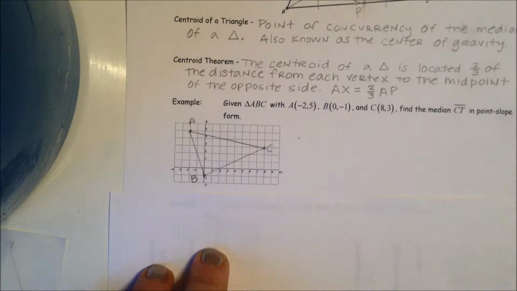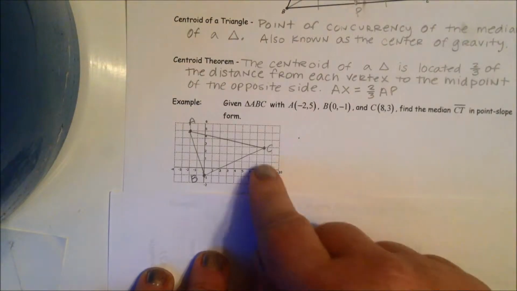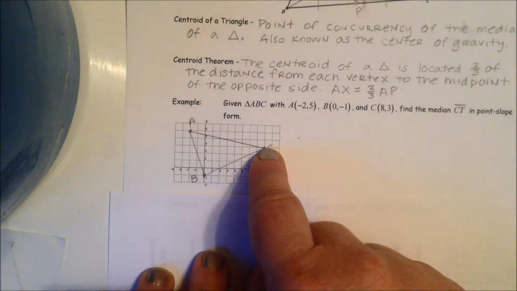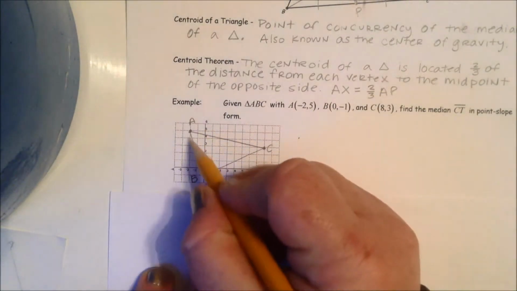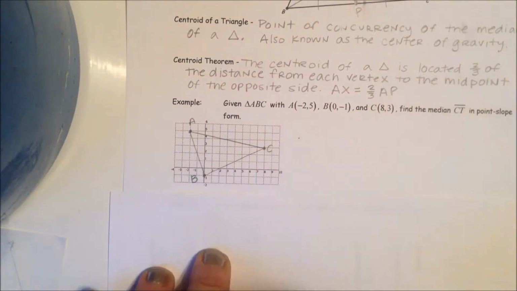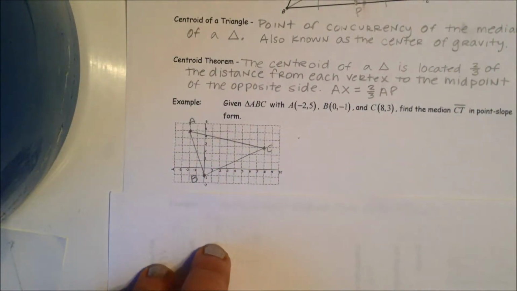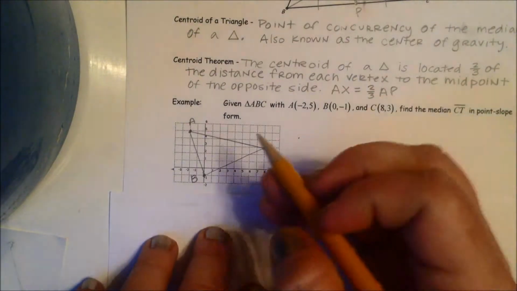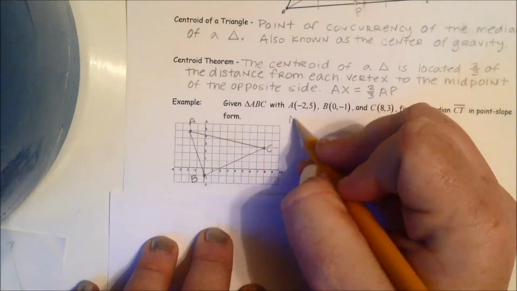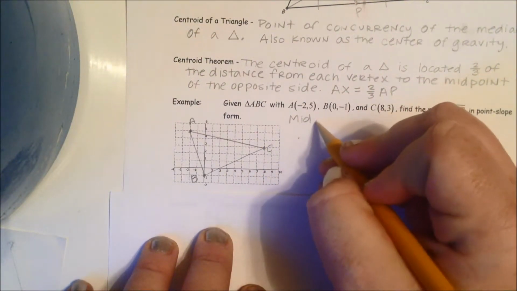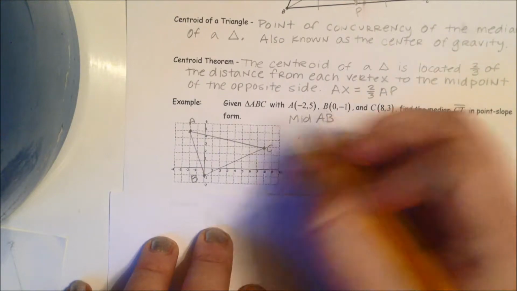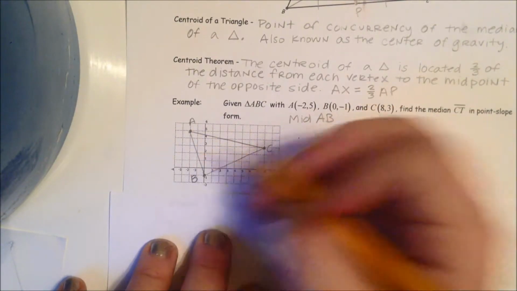So to find the median CT, I know I'm going from point C to the midpoint over here, which would be T. So somewhere in the middle of here is T. So to find the midpoint, I'm looking for the midpoint of AB because that's where T would be.